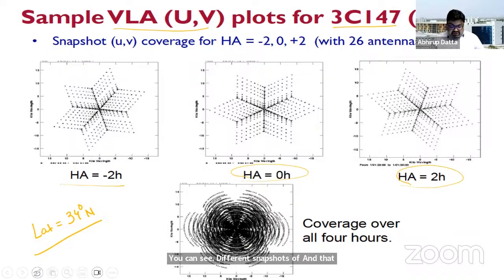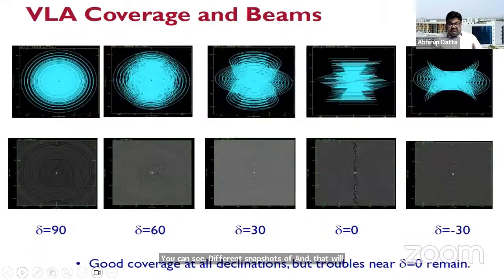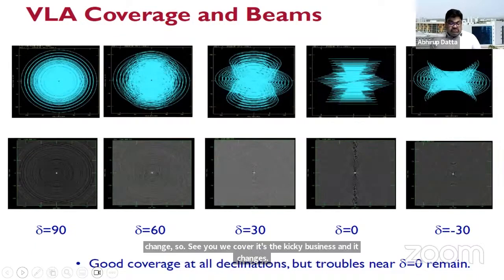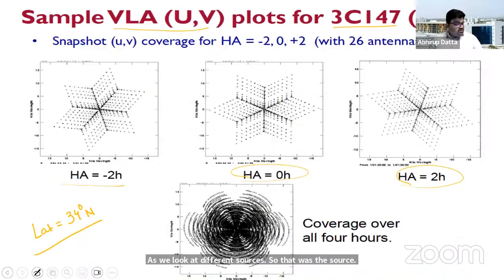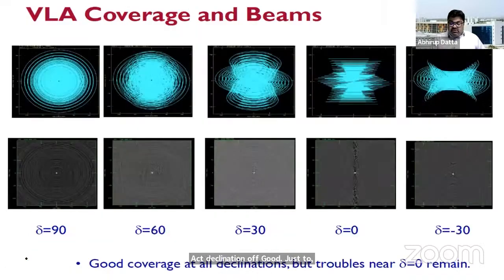So UV coverage is a tricky business, and it changes as we look at different sources. So that was the source at declination of 50°, and with VLA being at 34°, almost looking towards the zenith, a little bit off. But now, if you're looking with the same array for delta equal to 90° sources, like the North Pole, then you see something like this.